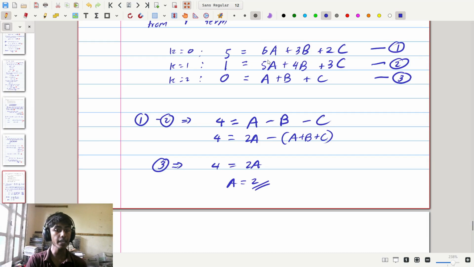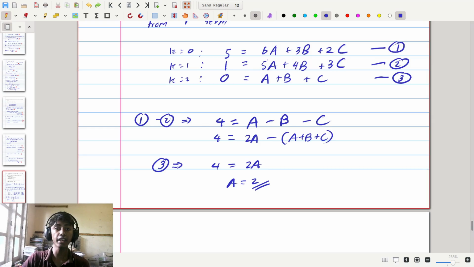Now after we get a equals 2, we can go back and try to substitute using the other ones to get values for b and c. So for this, what we can do is to take equation number 2 and substitute in a plus b plus c equals 0. Here we can see we have 3 a's, 3 b's, and 3 c's.